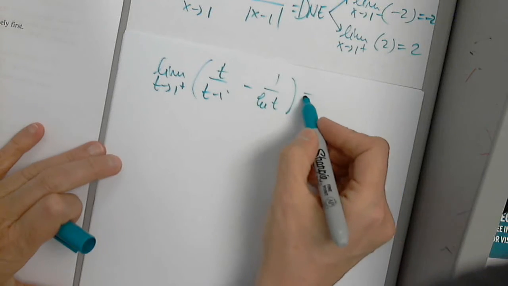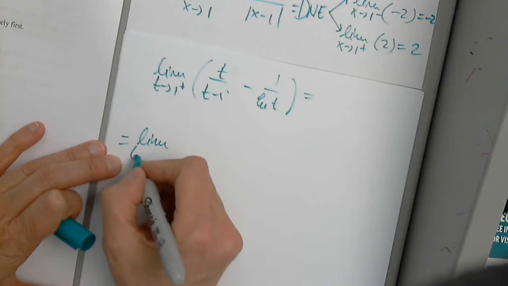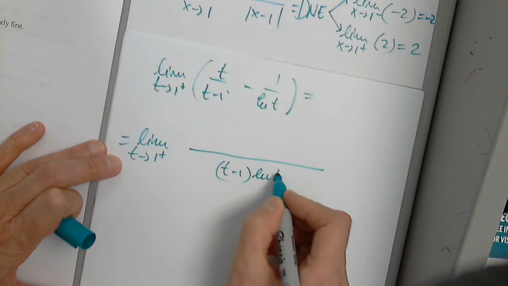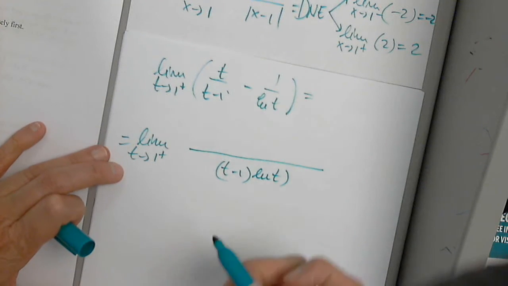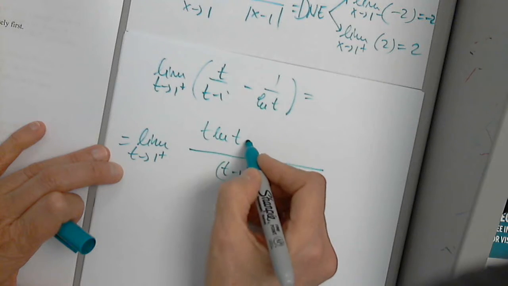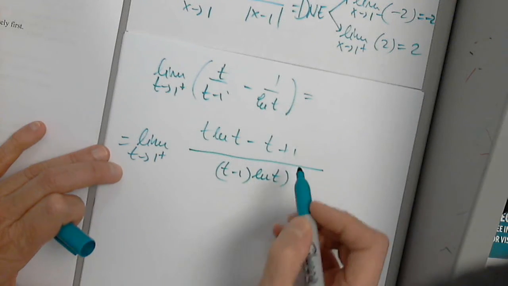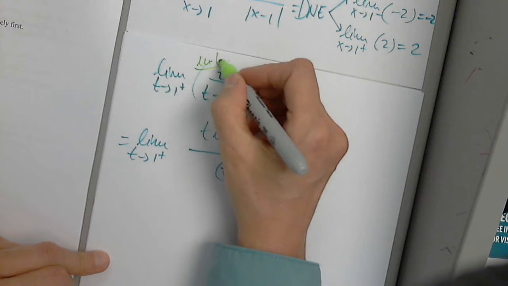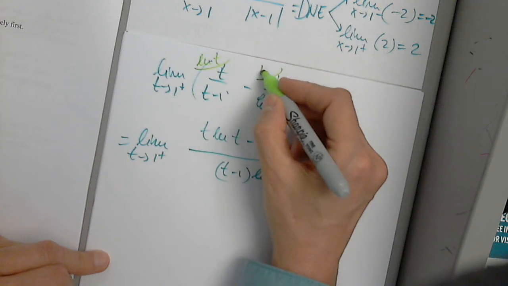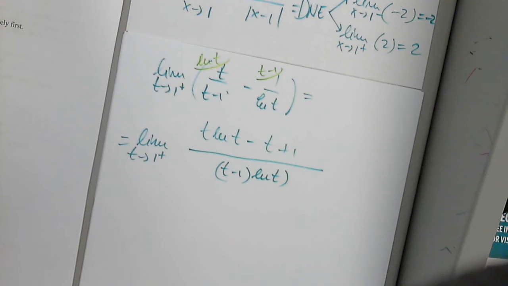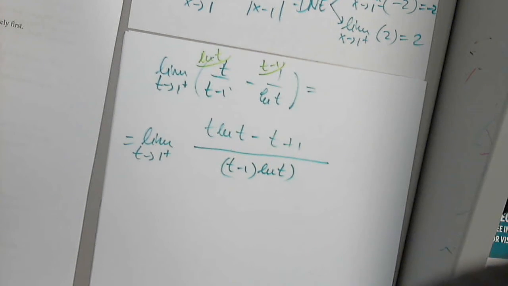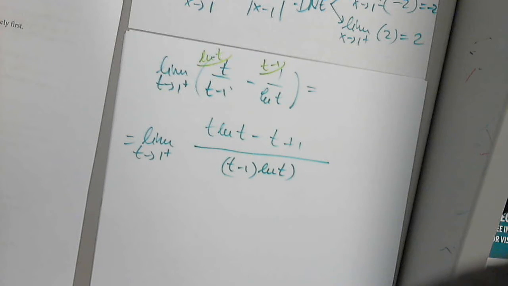I have to try to first find the least common denominator, and get t natural log t minus t plus 1. Remember, we multiplied the top of the first one by natural log t and the top of the second one by t minus 1. Is this okay? Stop me anytime if you have a question. I don't want to just go over problems if you have questions.